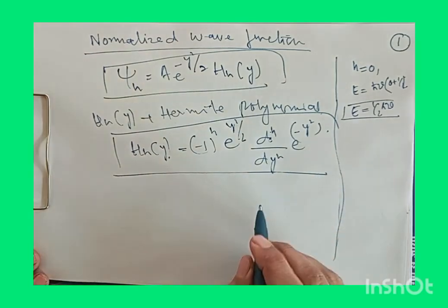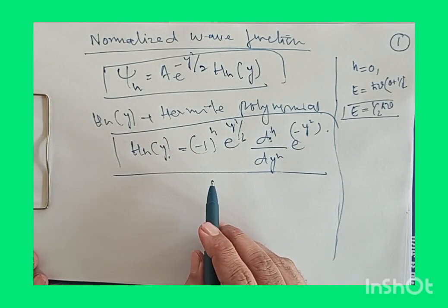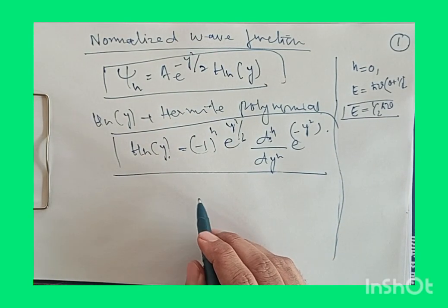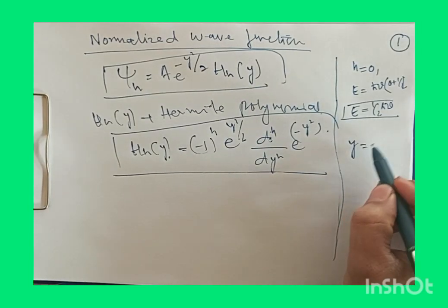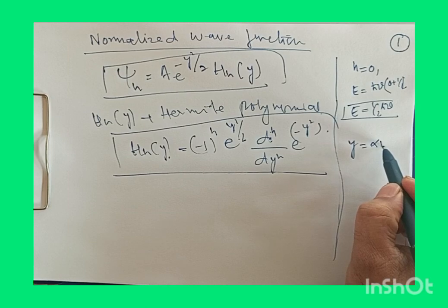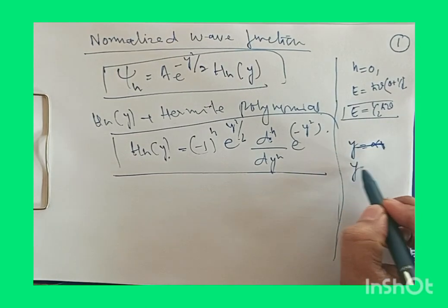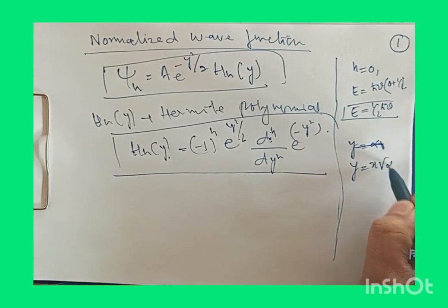And what we do is we normalize this wave function, and we have certain assumptions. If we rightly remember, y is equal to x root alpha.